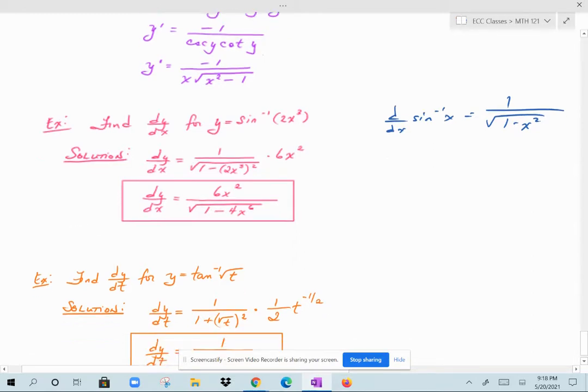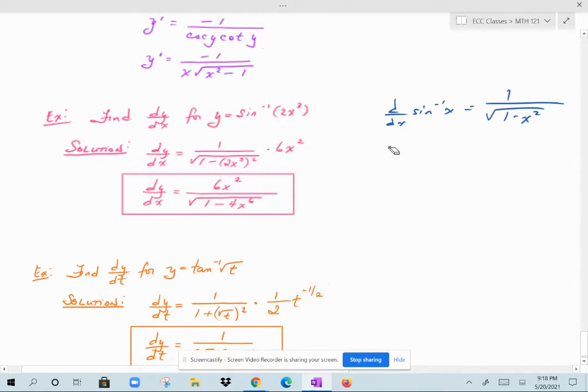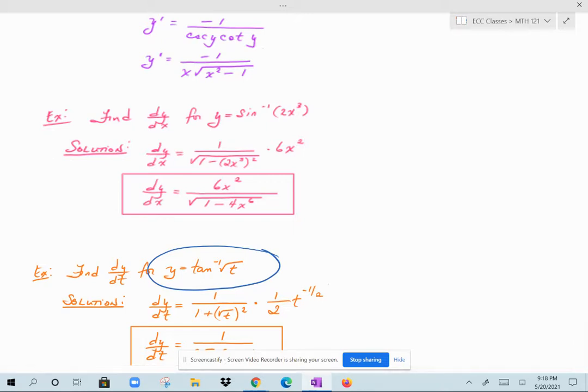All right, so here's another. I want to find dy dt for y equal to tan inverse of the square root of t. This is another problem where I would have to use chain rule, where tan inverse is the outer function and the inner function is square root of t.